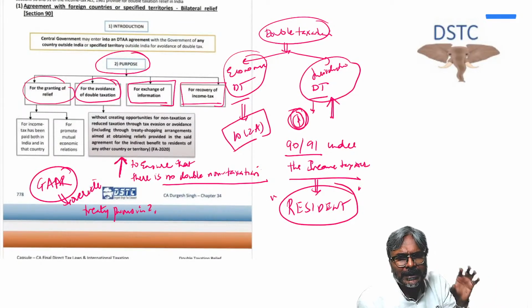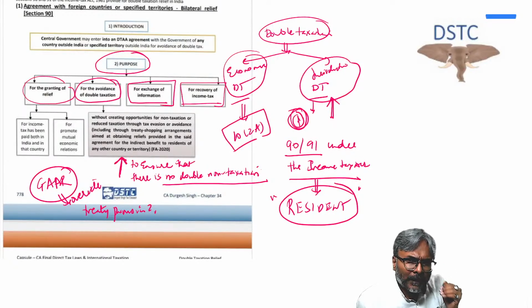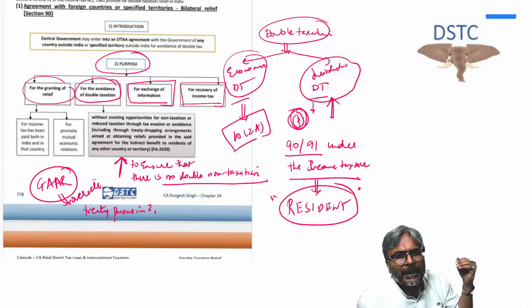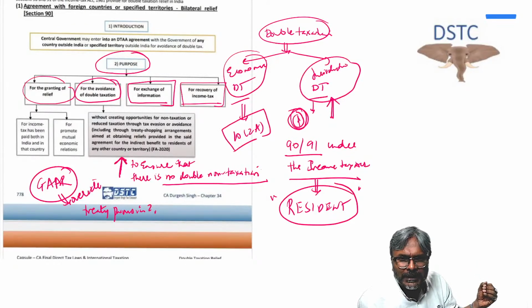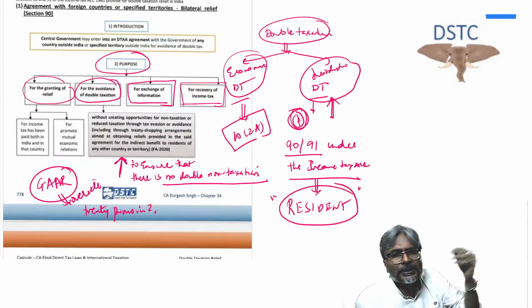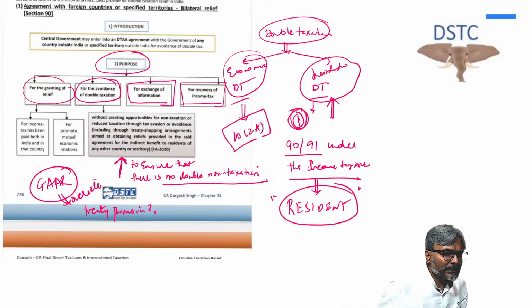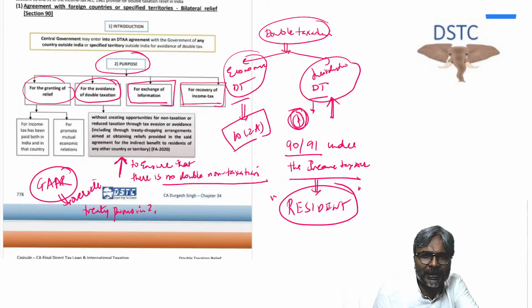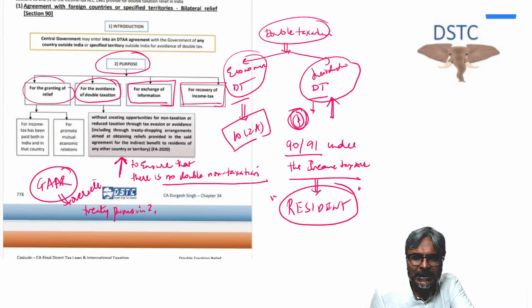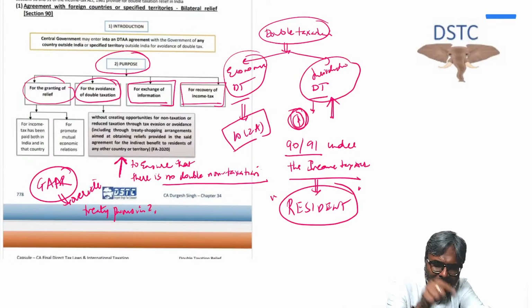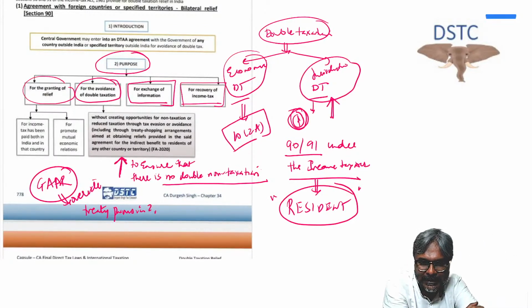For example, in the case of a partnership firm, the partnership firm pays tax on its profit. The same profit, when it is distributed to the partners, will result into what, students? Economic double taxation. Now, you will write the remedy.